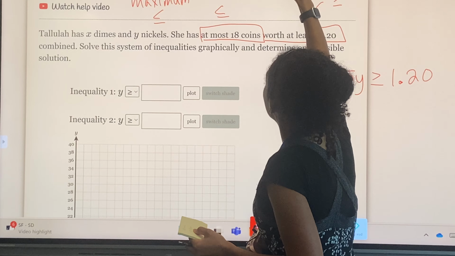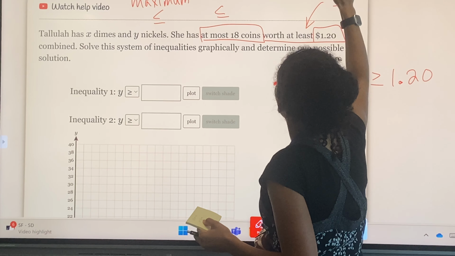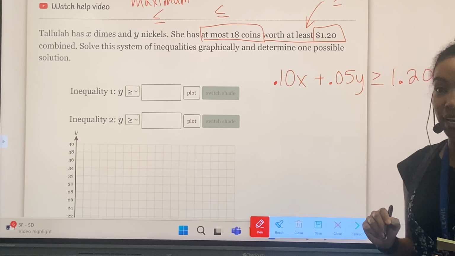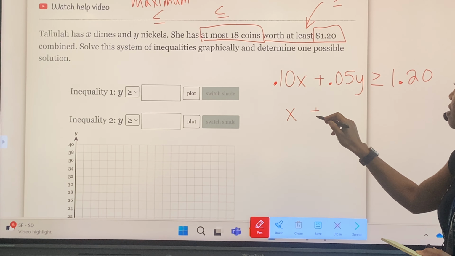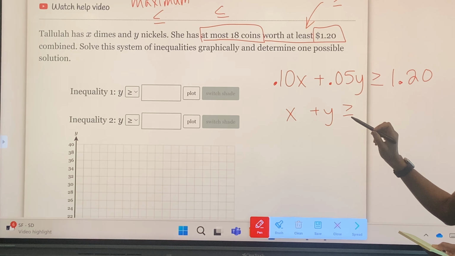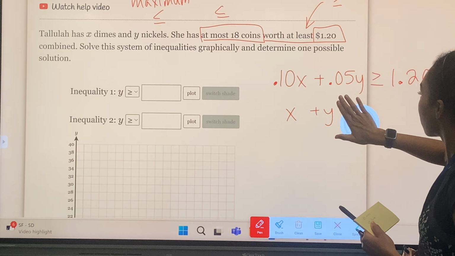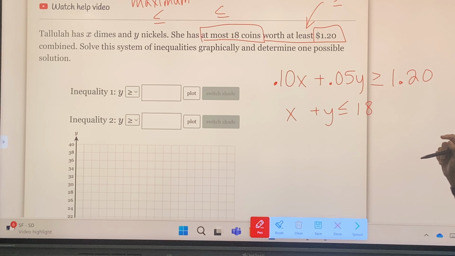When you have words like least and minimum, you're going to have a greater than or equal to symbol, okay? All right, so she has dimes and she has nickels, but she has at most 18 coins. That needs to be less than or equal to 18. So those are your two equations.